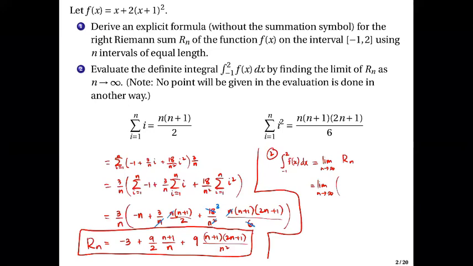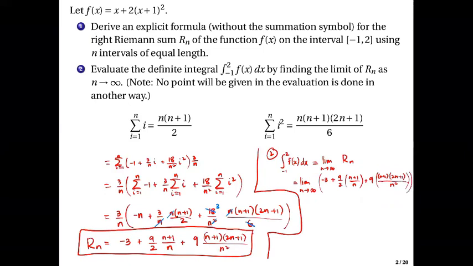And we put Rn, it's -3 plus 9 over 2 times n plus 1 over n, plus 9 times n plus 1 times 2n plus 1 over n squared.